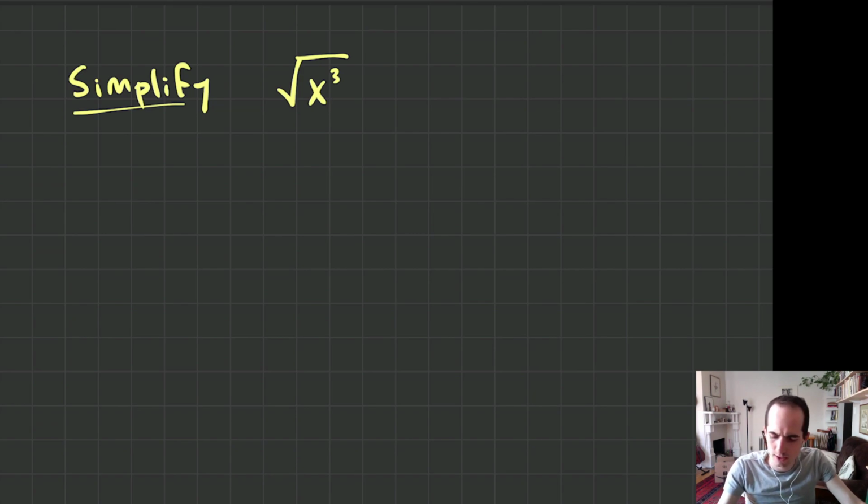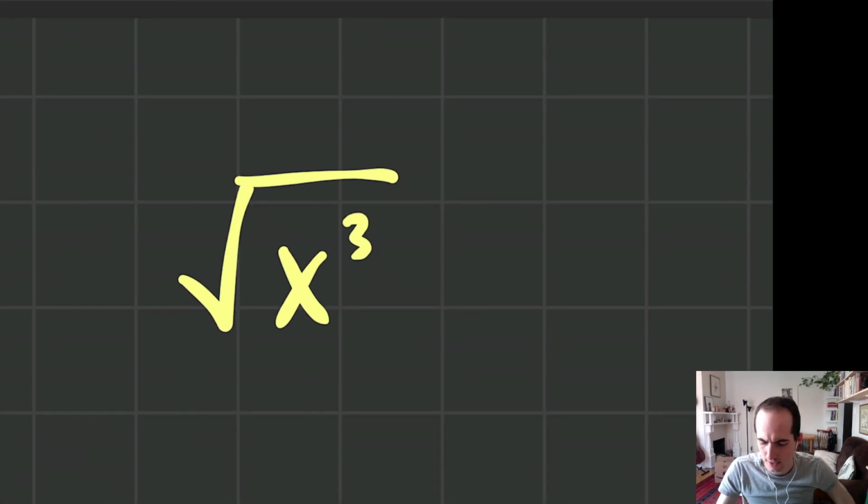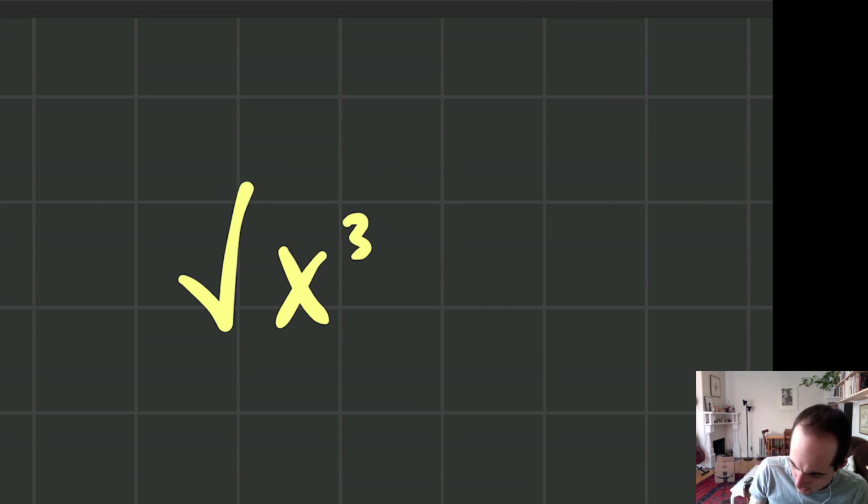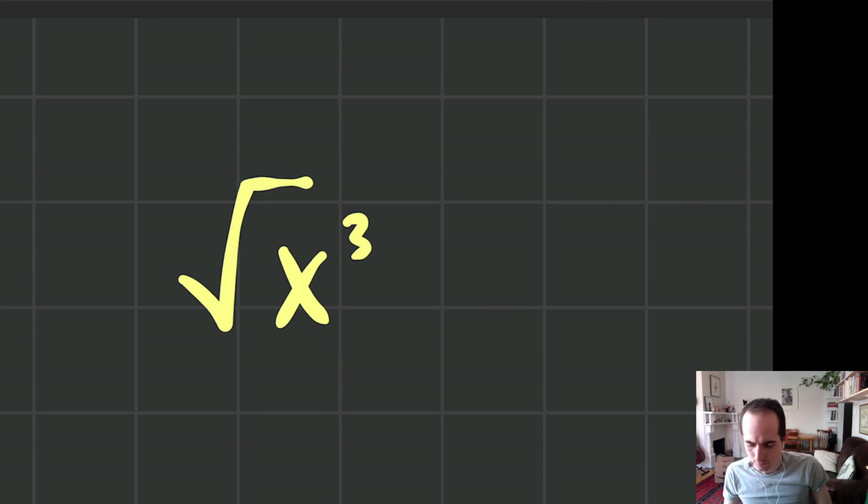I also want to show you just a little, it's not so much a trick, but a piece of notation that I find really useful. Sometimes when you're drawing a square root, you might just do something like this, and then it's not really sure where your square root starts and where it ends. Like, is the exponent of 3 underneath the square root symbol, or is it outside the square root symbol?